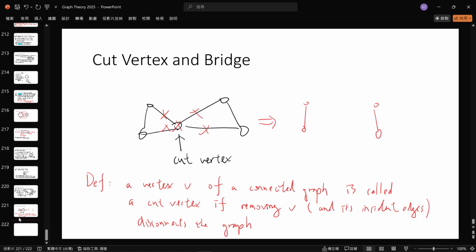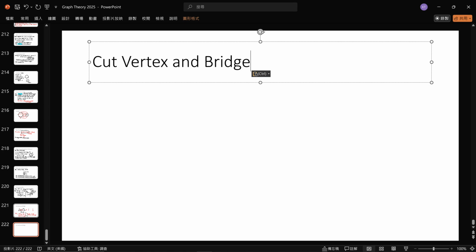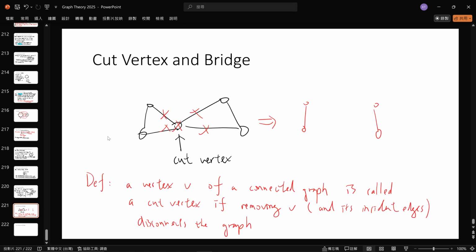Okay, so a bridge. The concept of a bridge is very similar to a cut vertex, but visually, a bridge is an edge instead of a single vertex. The concept is still to remove one element, but this time an edge.